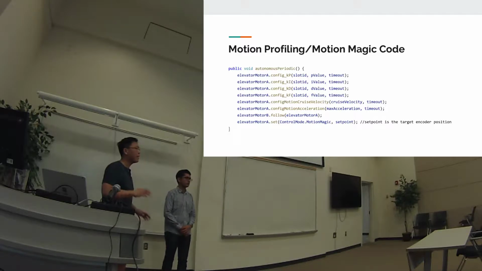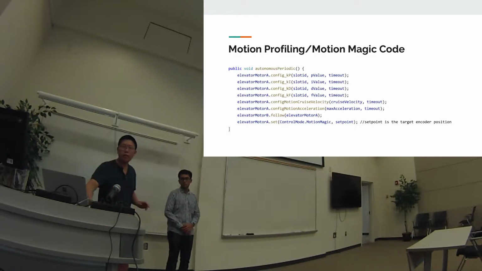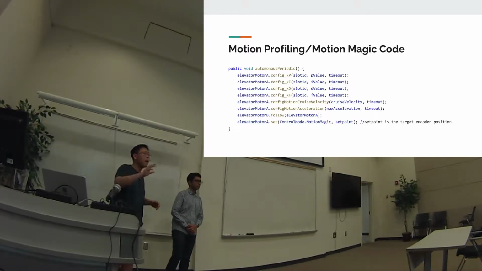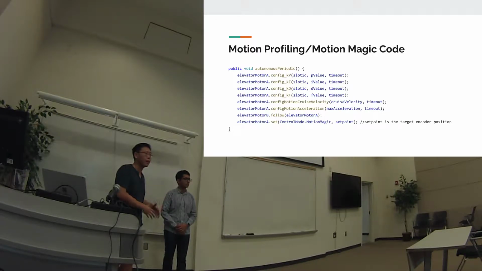No, so it doesn't learn like you're saying. What it does is, you can think of it as a PID loop, but instead of assuming that your system can instantly jump to its target position, it actually takes the physical constraints of your mechanism into account.